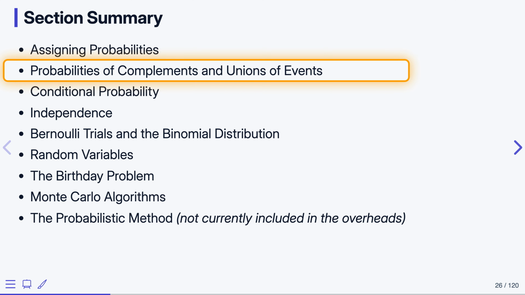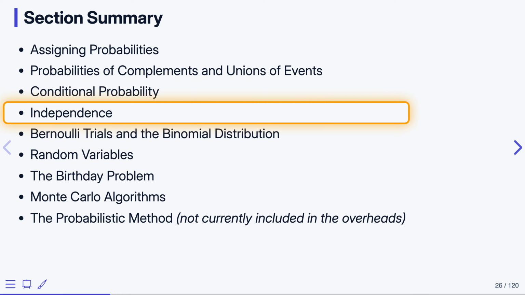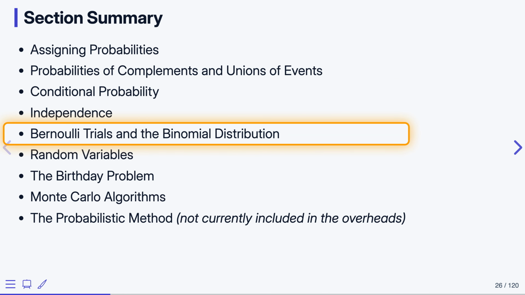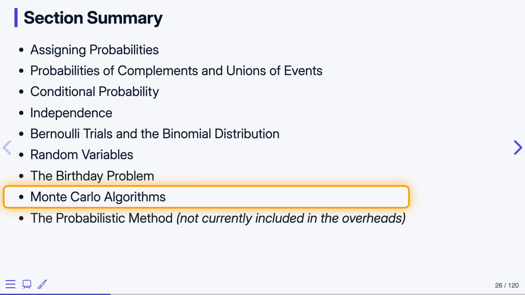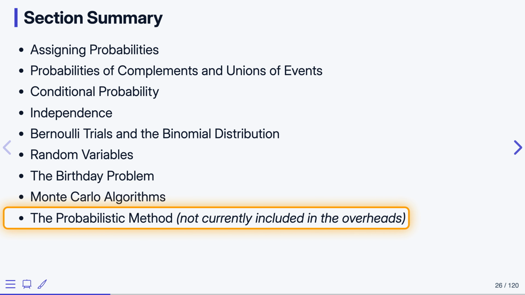Then conditional probability. Then independence. Then Bernoulli Trials and the binomial distribution. After that, random variables. Then the birthday problem. Then Monte Carlo algorithms. The probabilistic method is left for the text.